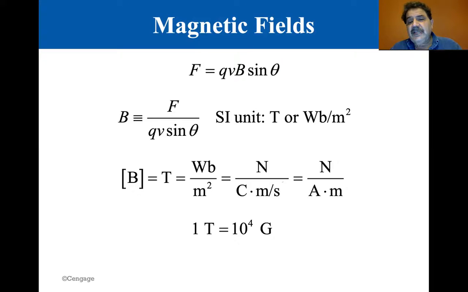There is the CGS system of units, and even though we don't use many units from the CGS, we still use Gauss. Most of the time, an instrument that measures magnetic field is called a Gauss meter. Some people may call it a Tesla meter, but most people call it a Gauss meter.